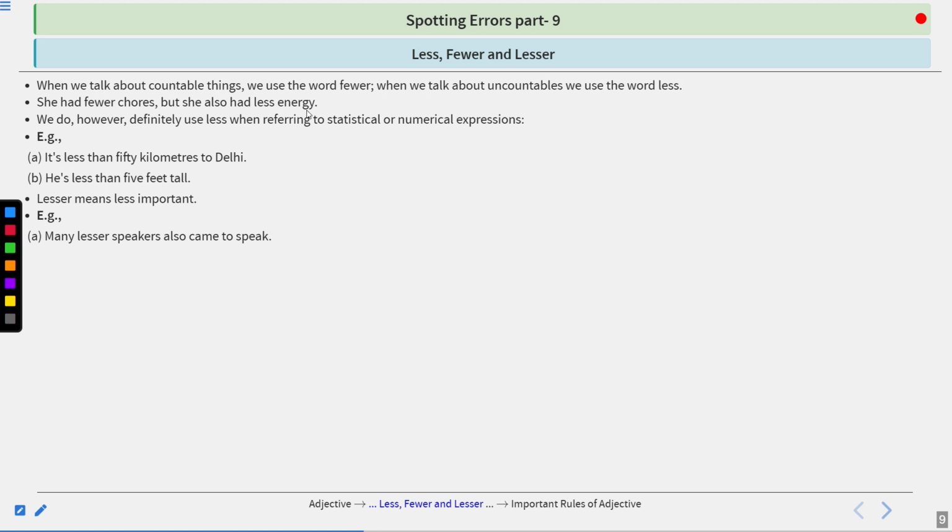Many lesser speakers also came to speak. It means less important. We are not comparing. Many lesser leaders were present in the function, which means again less important. I hope you have understood.